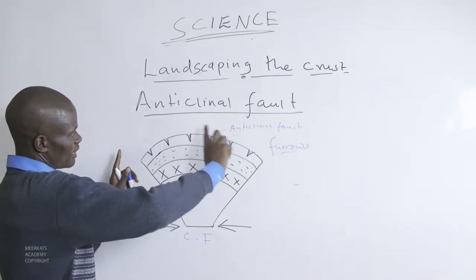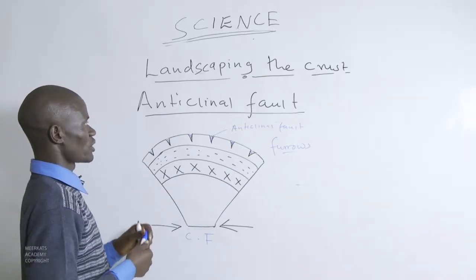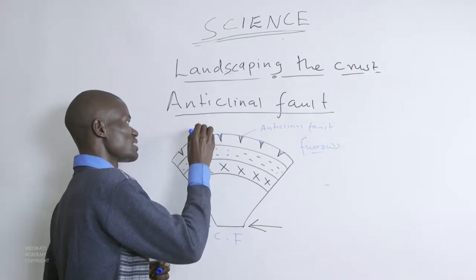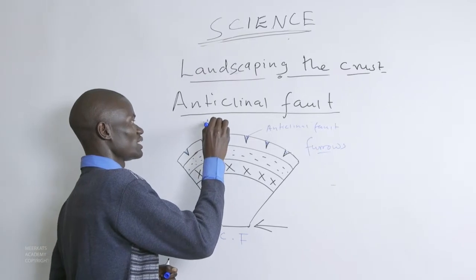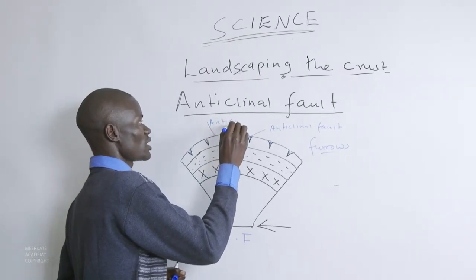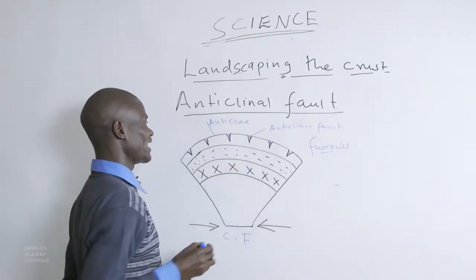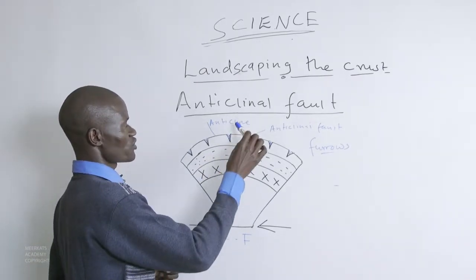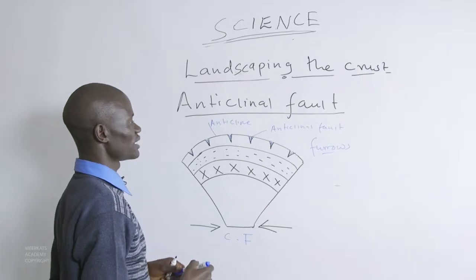Remember, when this crest is produced, we call it an anticline. When it is in its original state, it is referred to as an anticline. Therefore, from the word anticline, it produces what we call anticlinal fault.